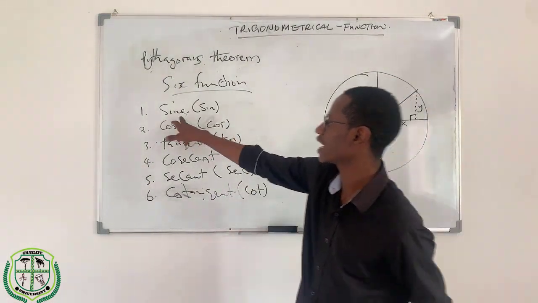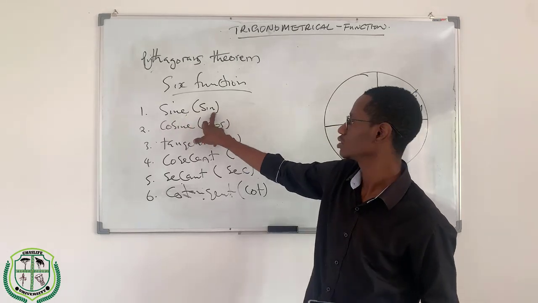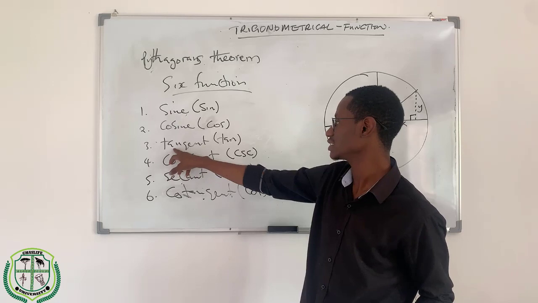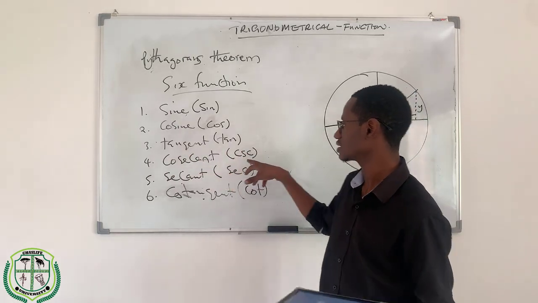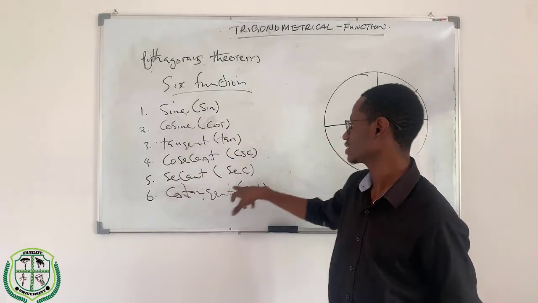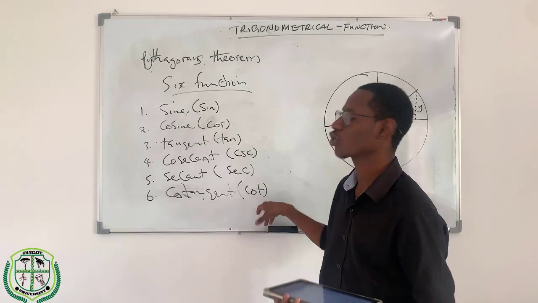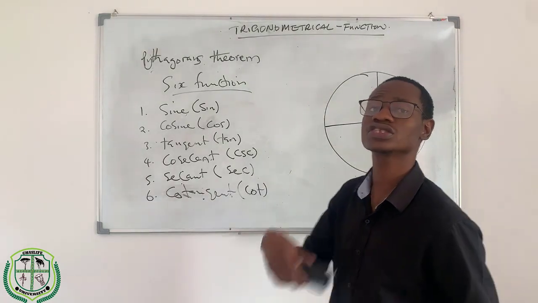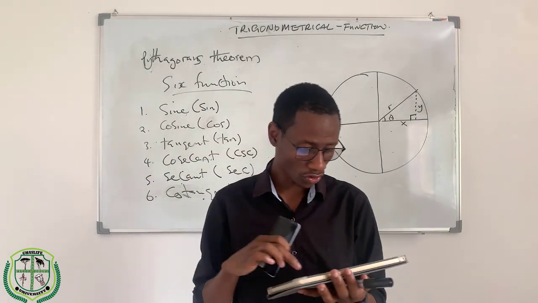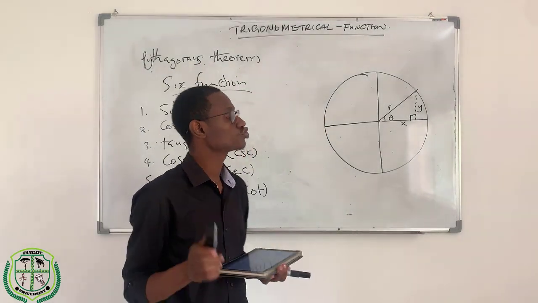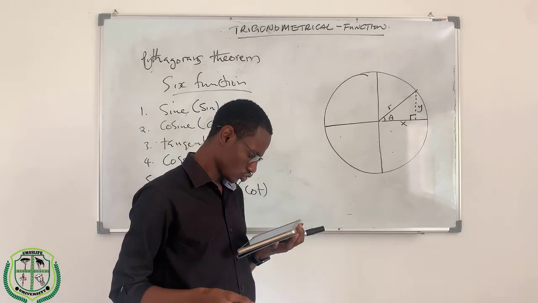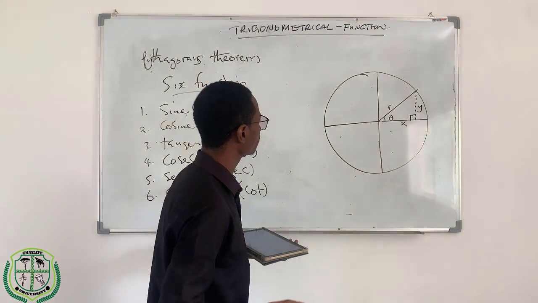We've got sine, which is sin, cosine, cos, tangent, tan, cosecant, cosec, secant, sec, and cotangent, cot. These are the abbreviations that we are going to be using throughout this course, and you do not need to miss out.